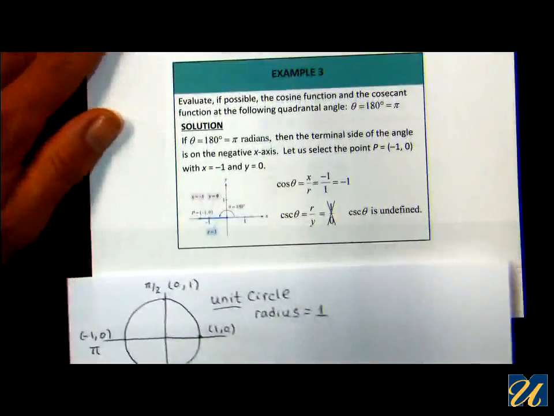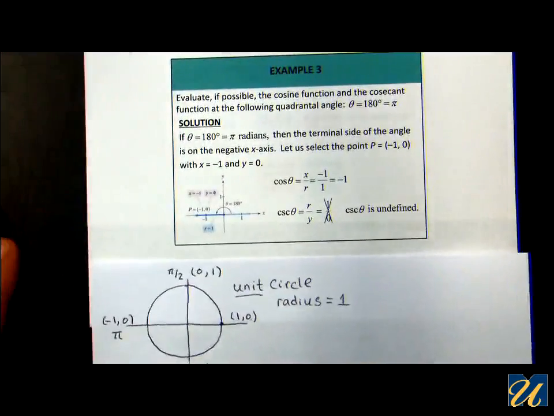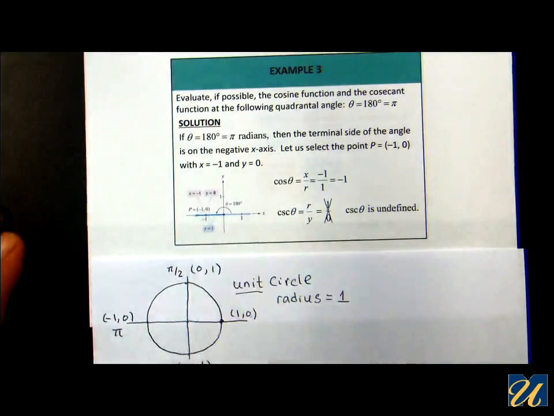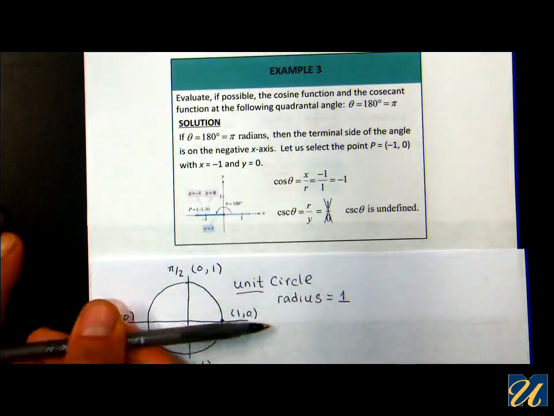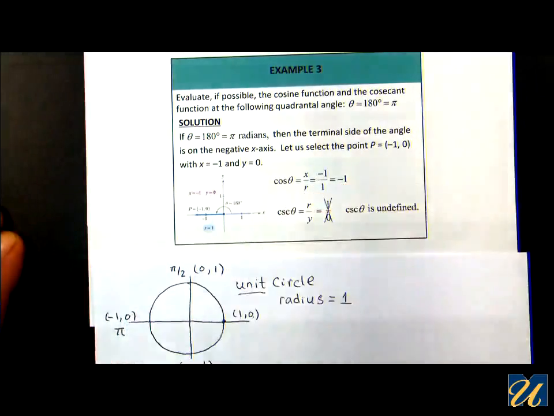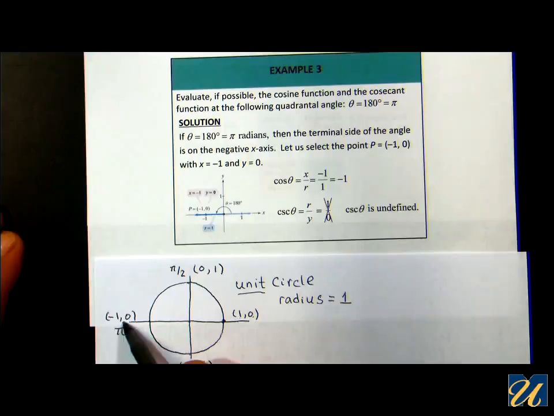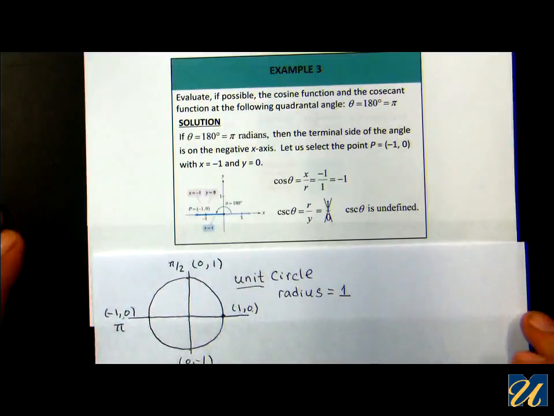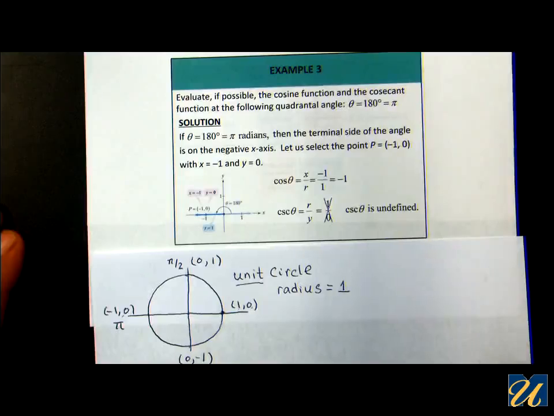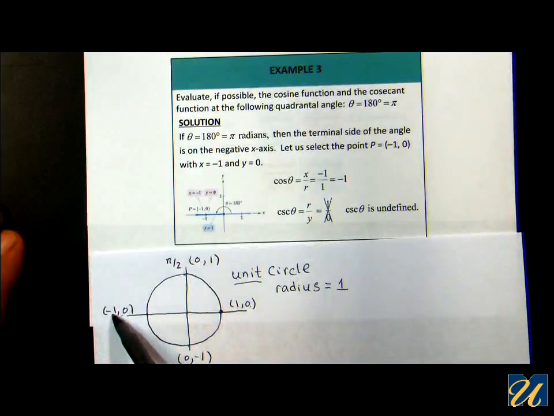In example 3, we have a rotation of pi. So we're going to rotate from the positive x-axis all the way around like this, 180 degrees, or pi. That puts us at the coordinate -1, 0. And we're asked to find the cosine and the cosecant at that value. So proceeding as before, the cosine is the x-coordinate, which is -1.